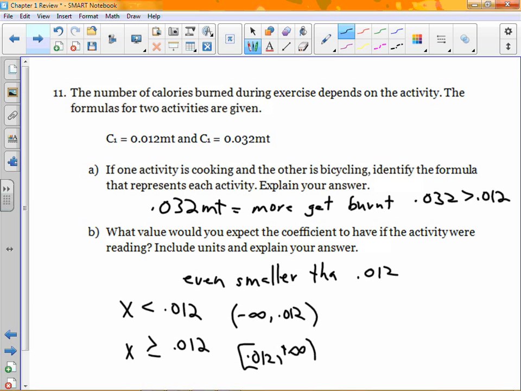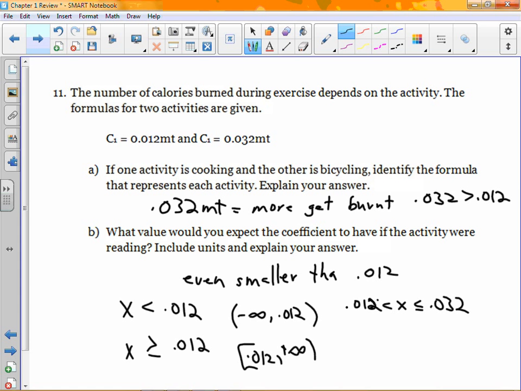Guys, just to make sure we're all on the same page, I got these numbers now, and I want to play with these numbers for a second. Let's say I wanted to write x is greater than 0.012 and less than or equal to 0.032. That means x is between these two.